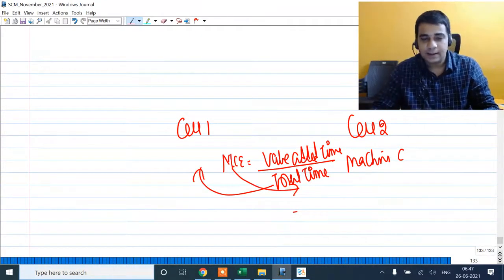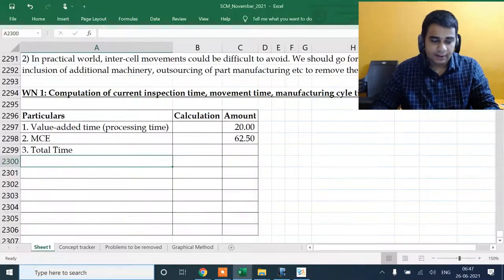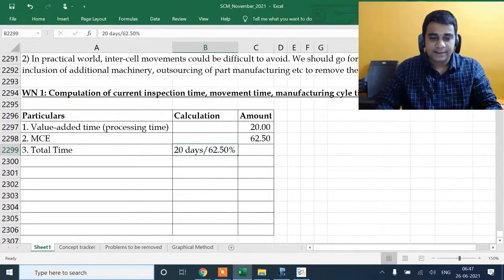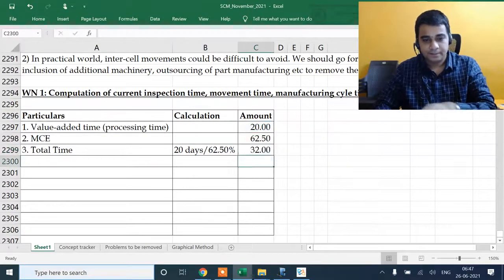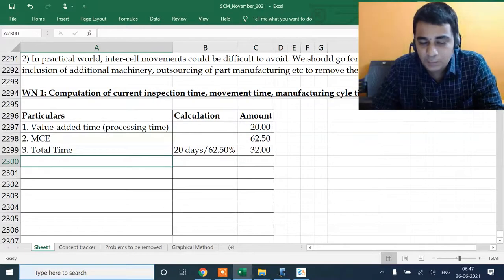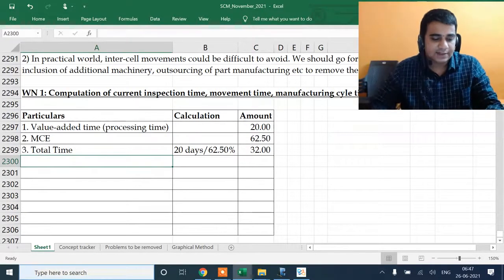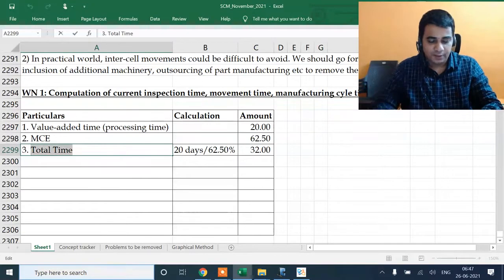Total time is value added time 20 days divided by 62.5%. It takes 32 days. This is the answer to part 2 of the question.